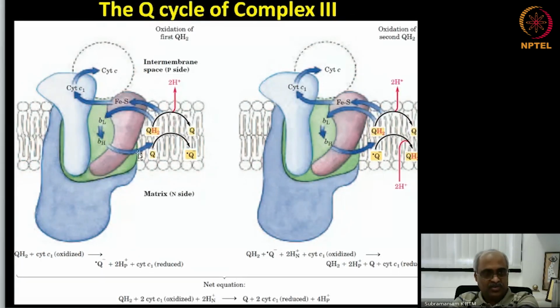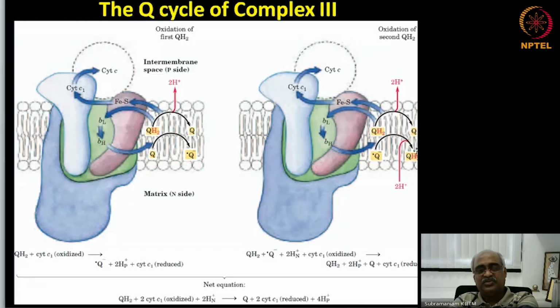So here electron goes in a cycle, and that is why it is called Q cycle. Now in the second step, a second reduced ubiquinol binds to it. From there, again 1 electron via this route goes to the cytochrome C. So the second cytochrome C is reduced. And the other electron goes back to this semiquinone radical produced in the oxidation of the first molecule of QH2.